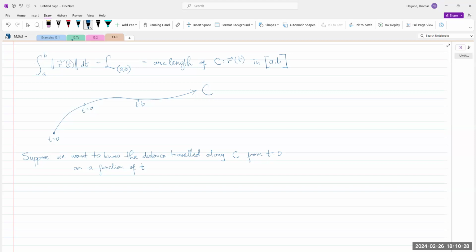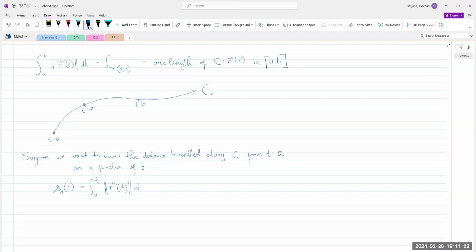Then we call that s(t), or to be more precise, s(t) if we start from time A. So let's say you start from time A, but then instead of fixing our end time to be t equals b, we don't fix it. We call that t in general. Then it will be the integral from a to t of the magnitude of r prime.